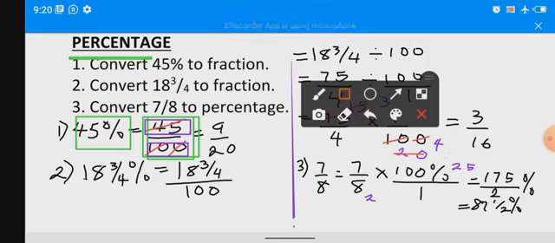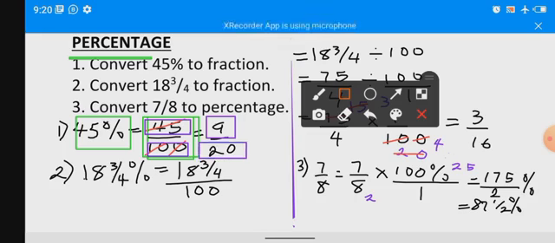We look for what will divide both numbers. What will divide 45 and 100? 5 will divide 45. 5 will also divide 100. So 5 will divide 45 to give us 9, and 5 will divide 100 to give us 20.